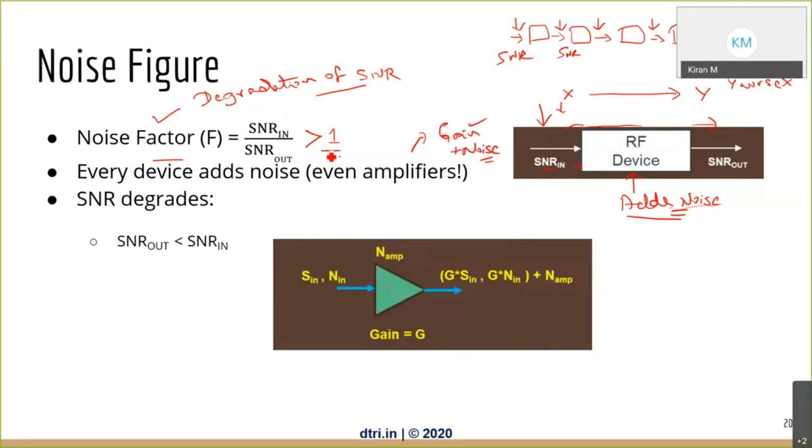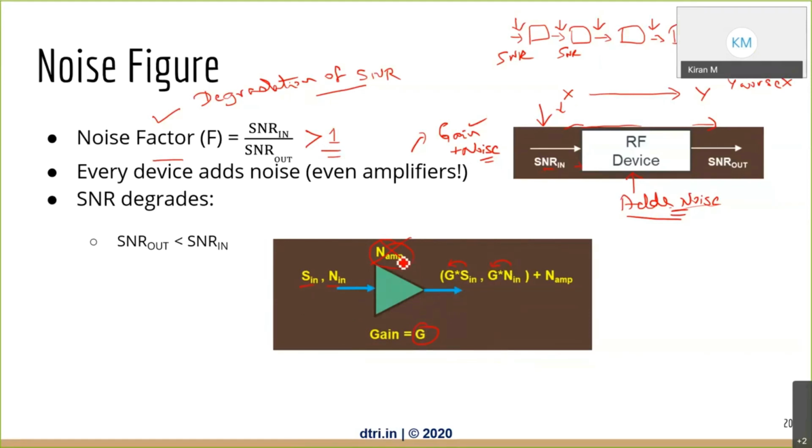See this example. I've taken an amplifier as an example. What is S in? Signal in and noise in go inside this amplifier, and the amplifier adds its own noise called N amp, and this amplifier has a gain of G. Now without this noise, what would have happened? If you feed S in and N in into this amplifier, the output will be signal multiplied by gain, and noise multiplied by gain, because the amplifier is supposed to give gain to whatever comes from the input.